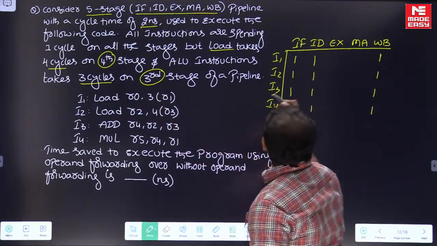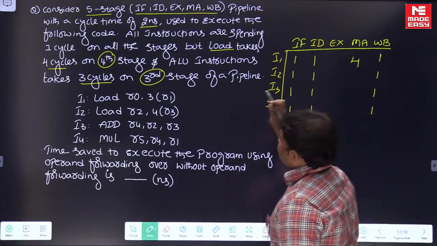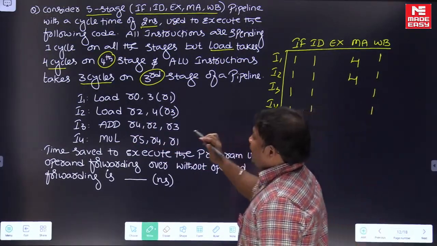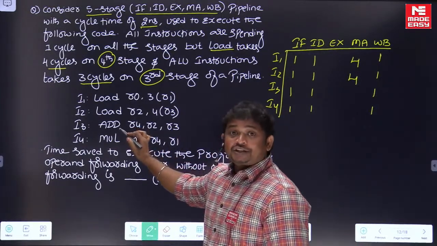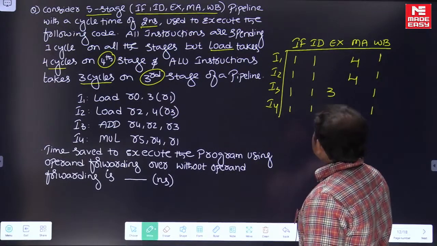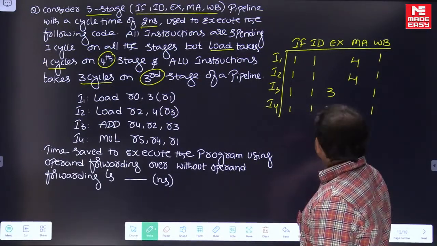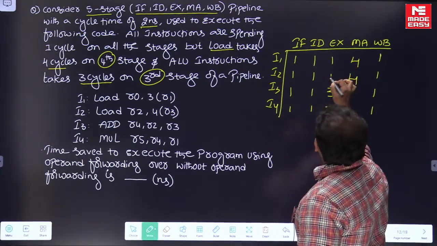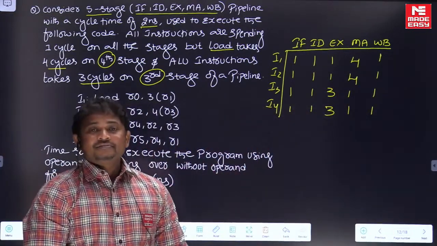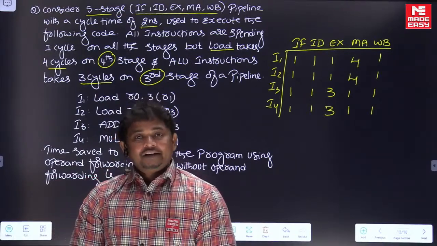I1 is load, so 4 cycles on the 4th stage. I2 is load, 4 cycles on the 4th stage. I3 is add, an ALU instruction, 3 cycles on the 3rd stage. Then multiplication, 3 cycles, and the remaining 1 only. All right. So this is the given information.